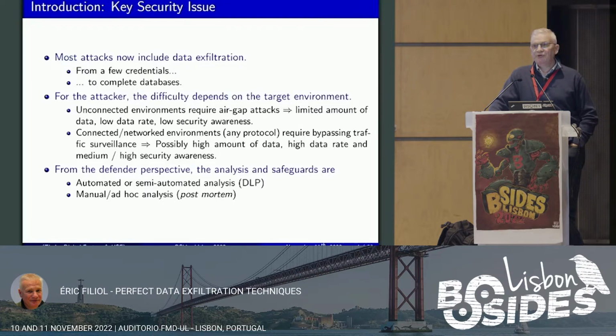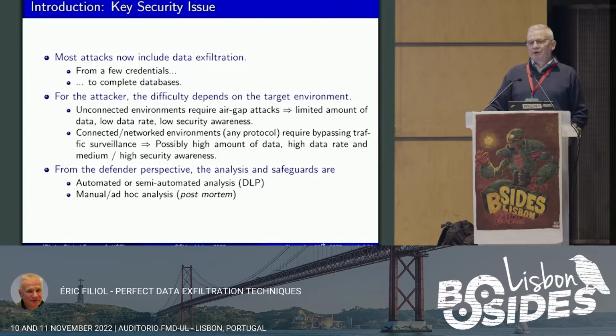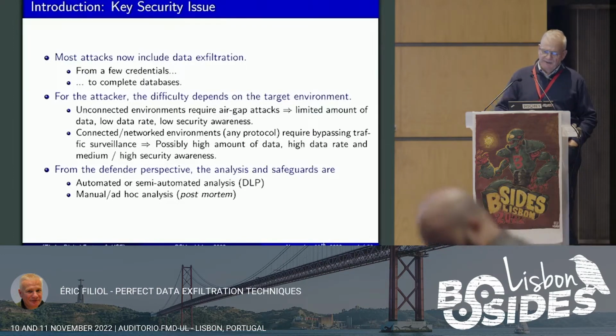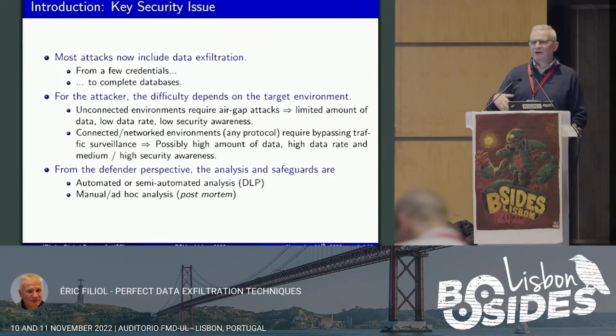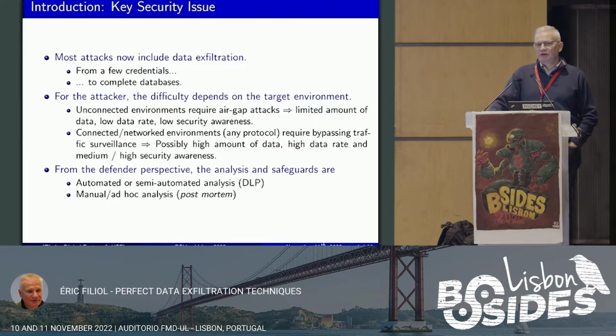And generally, the target environments have a low or medium awareness about this. And most DLPs are not able to really prevent data exfiltration. But the aim of the talk is to show that even if we would have very efficient DLP, they could be defeated very easily.